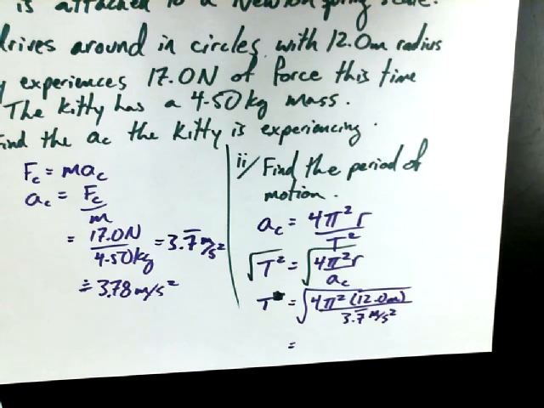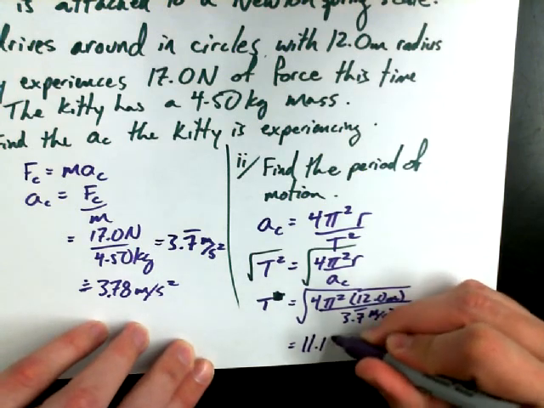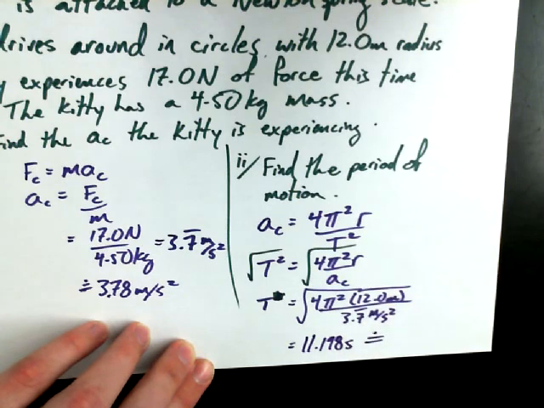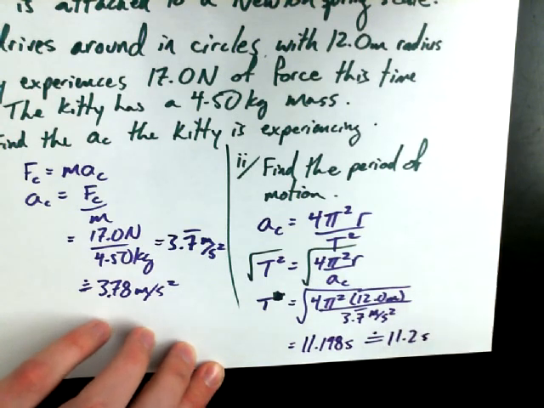And if there's anybody with a calculator, it's going to be close to 11. I like it. 11.198 seconds, or approximately, and I've just run out of space, about 11.2 seconds.